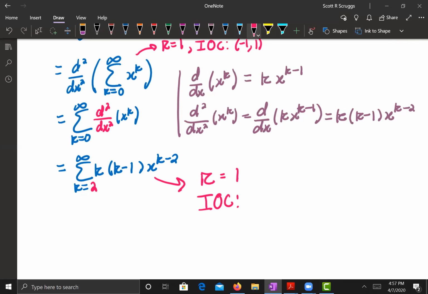And since I took the second derivative, that's why my index now is going to be 2 instead of 0. Does that make sense for everyone? Why I'm starting at 2 and not 0 for my Maclaurin series?